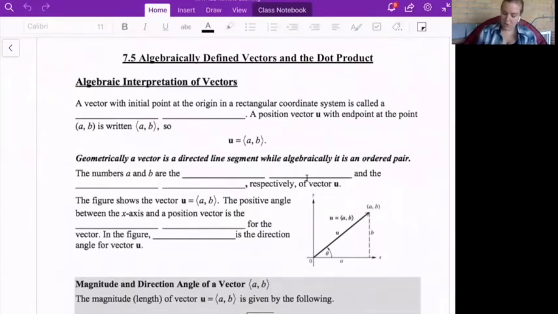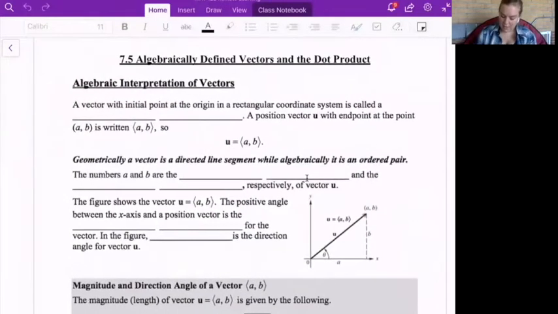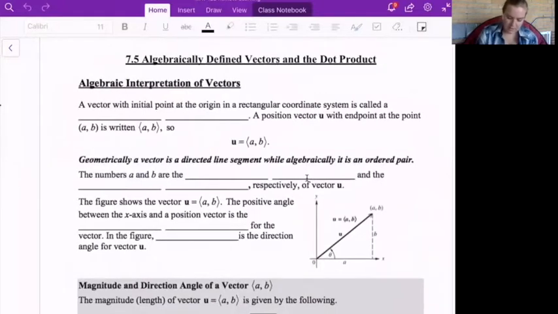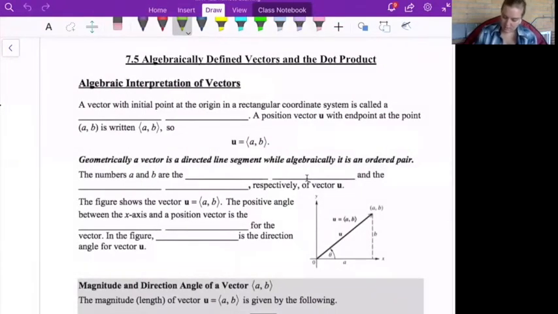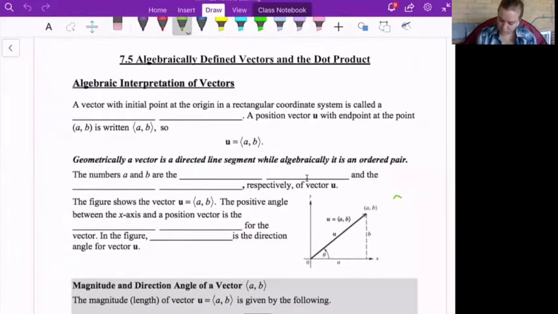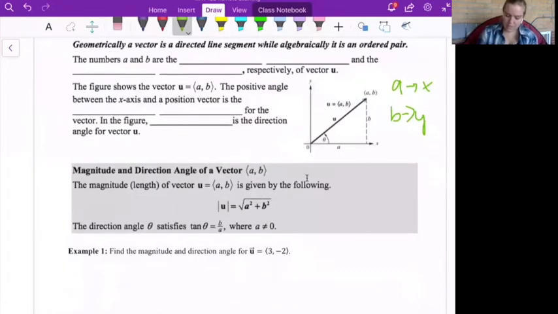But basically, anytime that we see A and B, A is like X, and B is like Y. Because we're talking about our first component and our second component, which a lot of times we talk about as being X and Y. And so really, these are the important things.